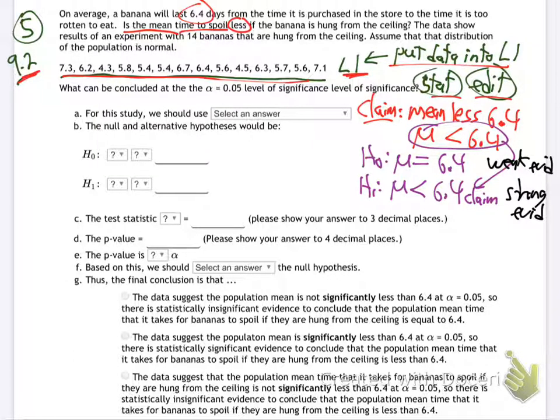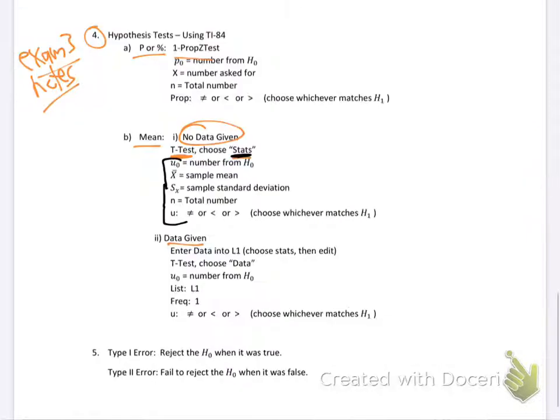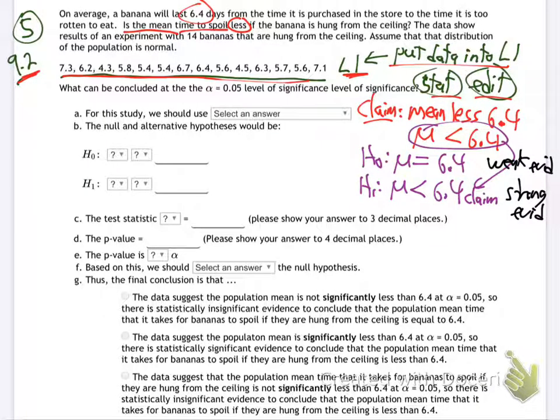Now, looking at the notes here, the exam 3 notes. Mean, data given. That's where we're at. We have a big list of data. Put the data into L1, go to t-test, choose data, and then you'll get those options. So I'm going to go to t-test.